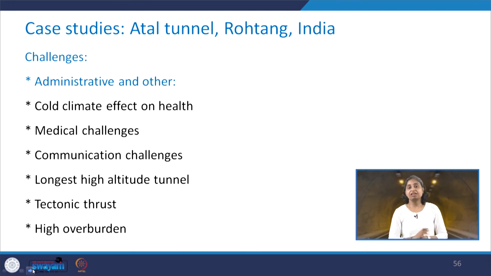Apart from these, there were other challenges such as the cold climate effect on health. There were medical challenges, communication challenges, no signals there because the construction started simultaneously from the north portal and the south portal. So the communication is needed.